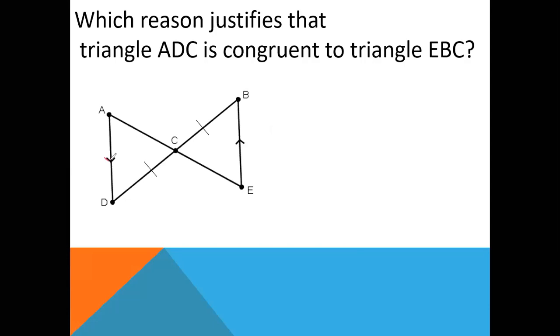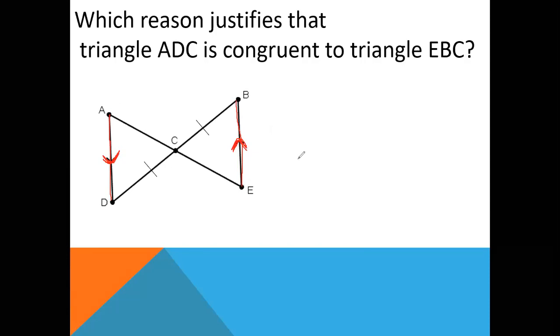What do these arrows mean? Anybody? Parallel. Very good, they are parallel. Does parallel mean that from A to D is the same size as B to E? Is that what parallel means? No. Parallel means they have the same slope.